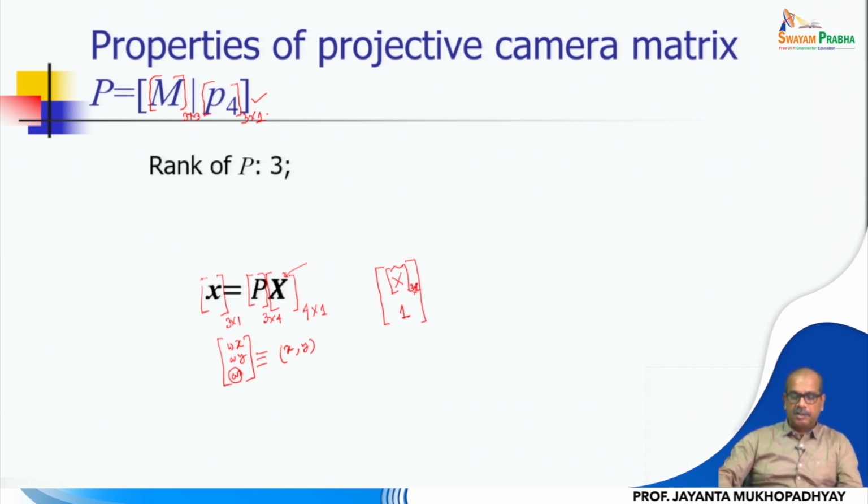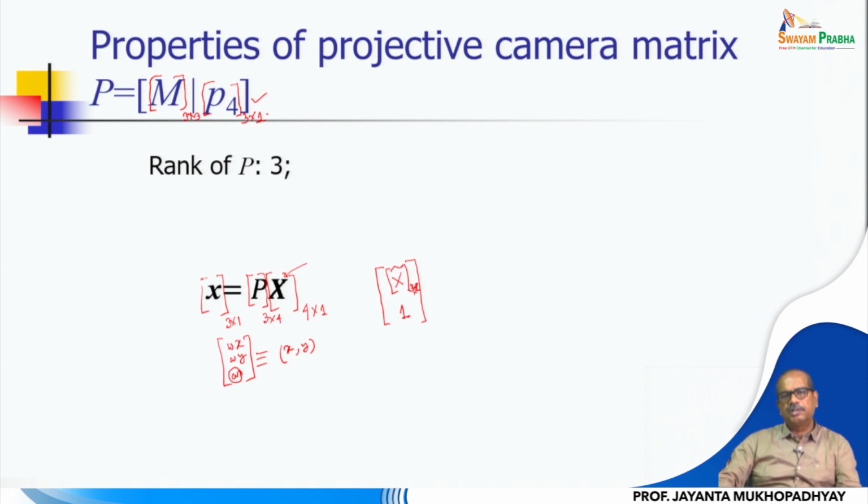Just to note some of the features of this projection matrix: the rank of the projection matrix naturally cannot be more than 3, and we consider the rank has to be 3 in this kind of mapping. Rank has to be 3, otherwise there would be certain degenerate cases.